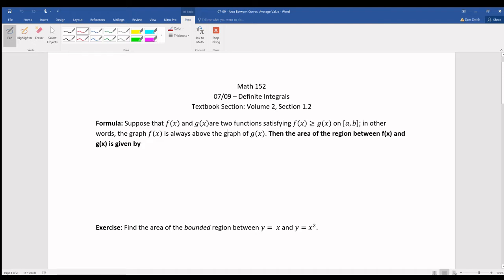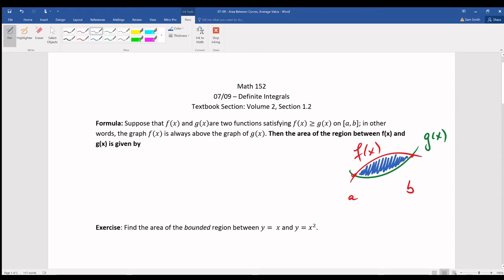How can we then find the area of the region between f of x and g of x? And just to give you an idea of what's going on, let's get a little sketch going on the right-hand side. We have a function f of x which is above g of x on an interval a to b, and we're interested in finding the area of the region trapped between these two functions.